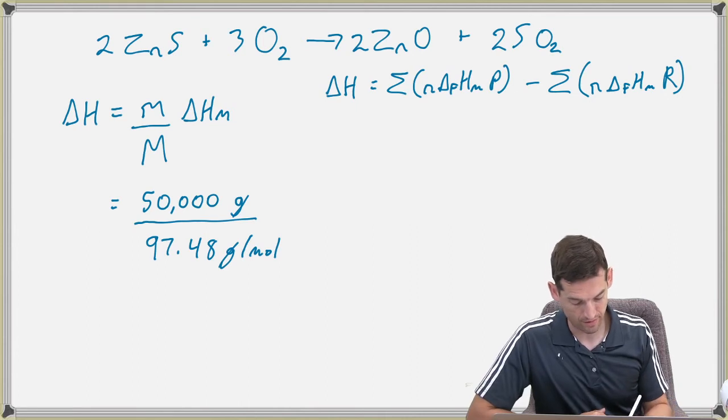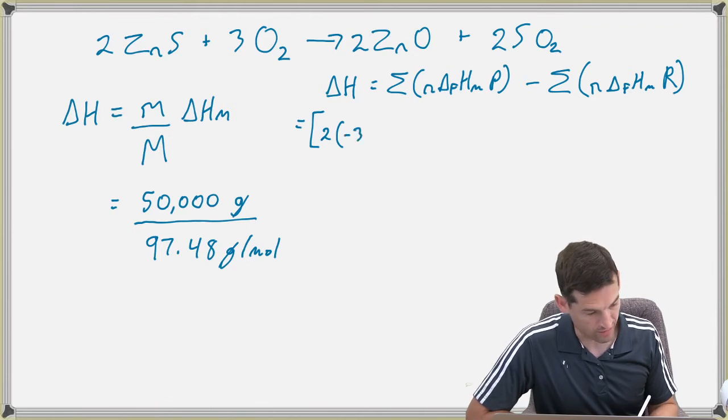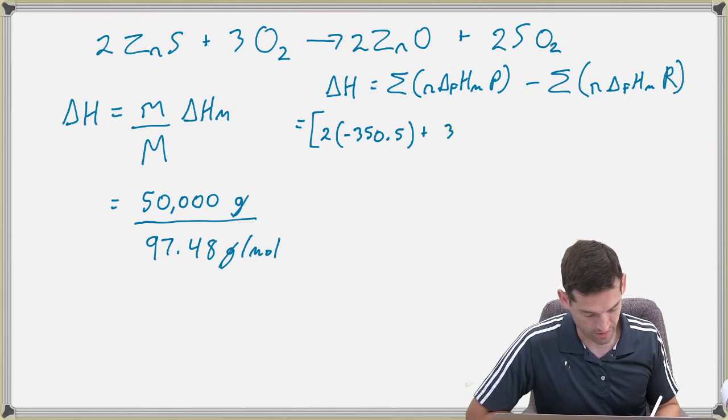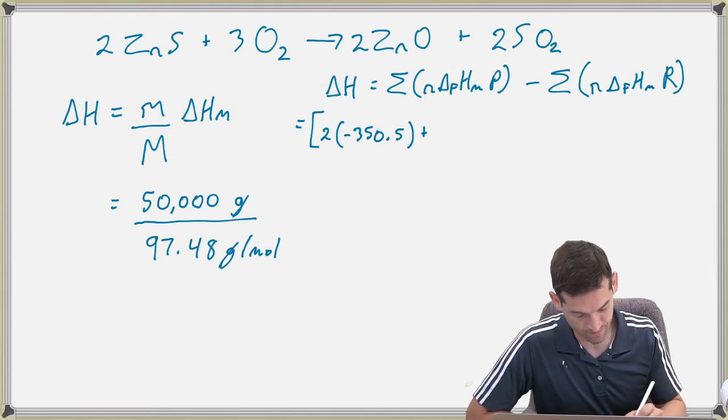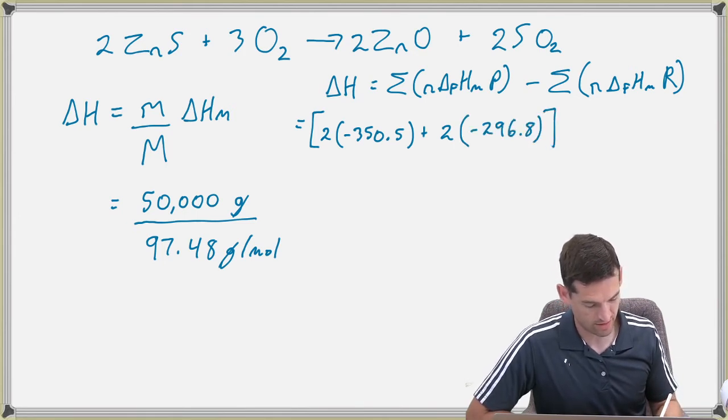And I'll try to squeak this over so I've got some room here. We have product side, 2 times zinc oxide, which is negative 350.5, plus 2 times sulfur dioxide, negative 296.8.